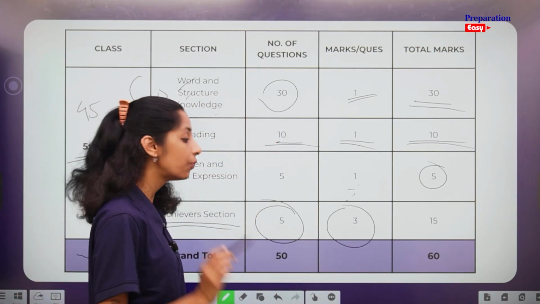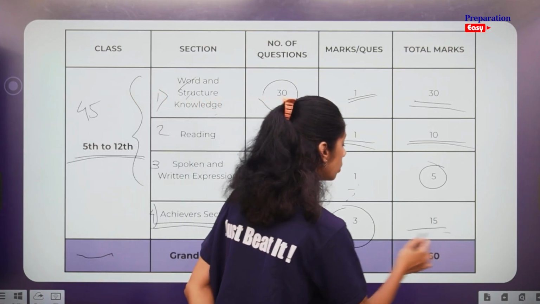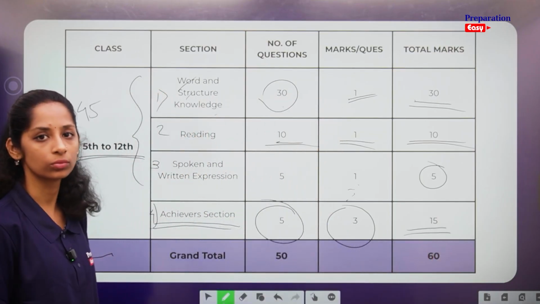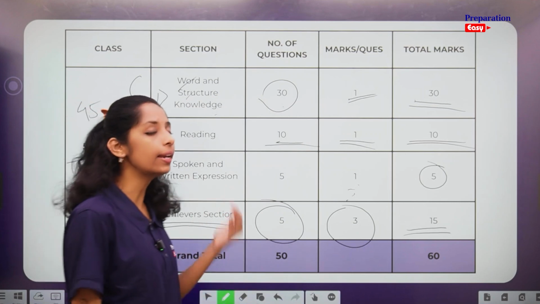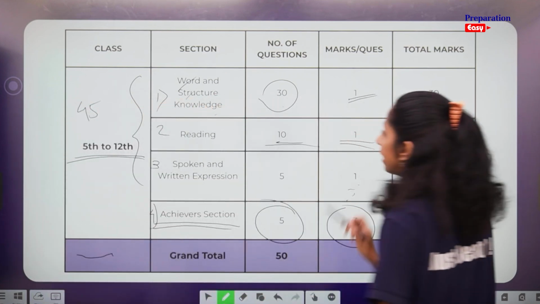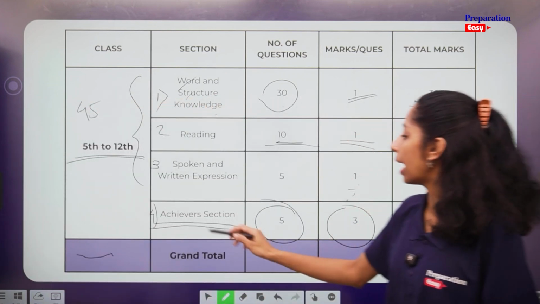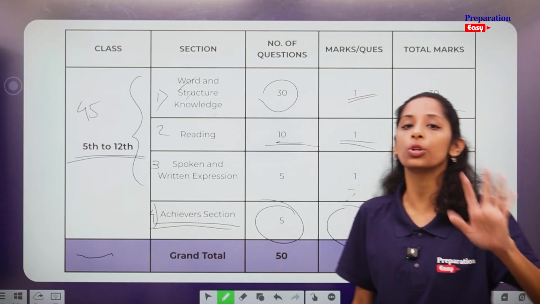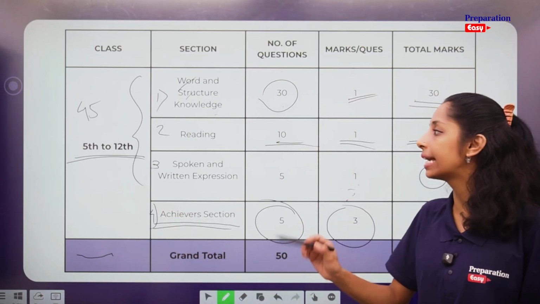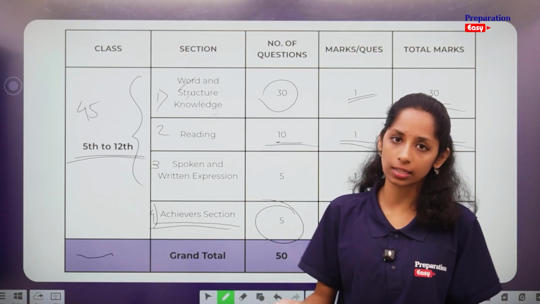So there will be 15 marks for the achiever section.